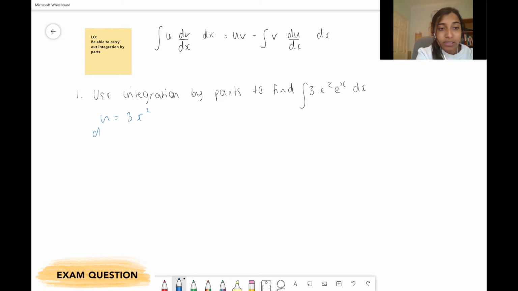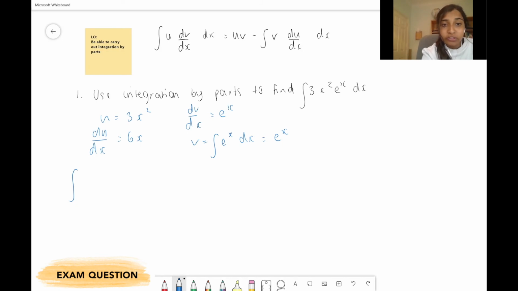That means our du over dx will be equal to 6x. And then our dv over dx is e to the power of x, so our v is just the integral of e to the x dx, which is e to the power of x.